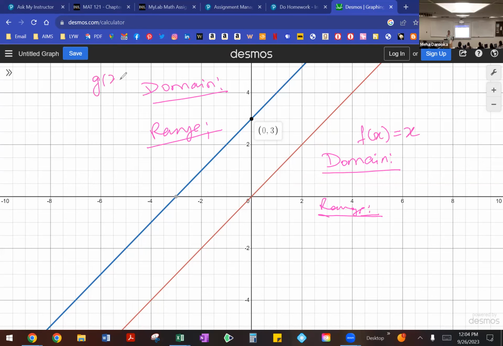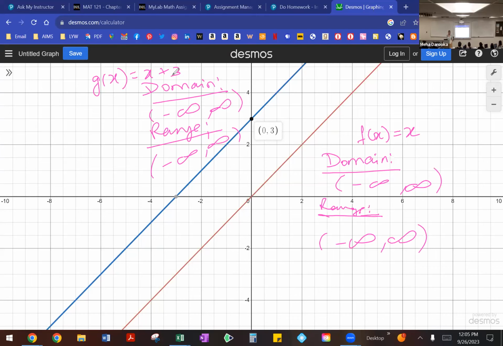This one was the g of x equals x plus 3 function. Has that changed when we moved our graph 3 units up? No, because this is a straight line, it did not affect our domain and range. And again, remember, this was the example of a rigid transformation because it did not change the shape of our graph.